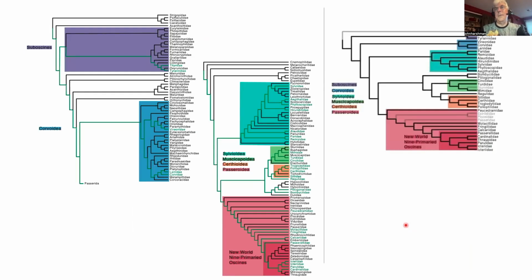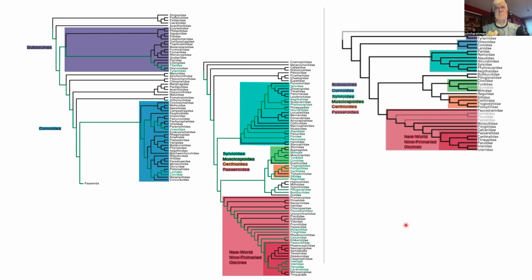On the right, the passerines of America. You can see that the suboscines in purple have one family plus a single species in the north. And elsewhere in the New World and the Old World, there are a whole bunch of families.